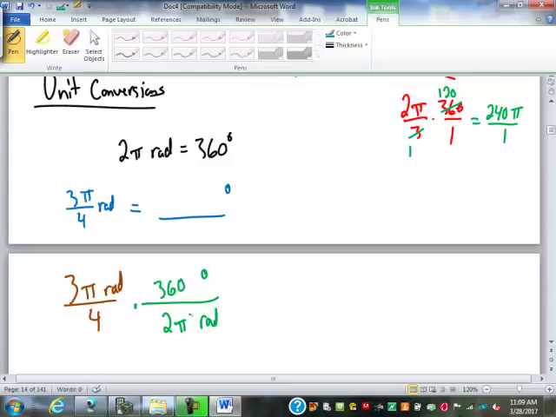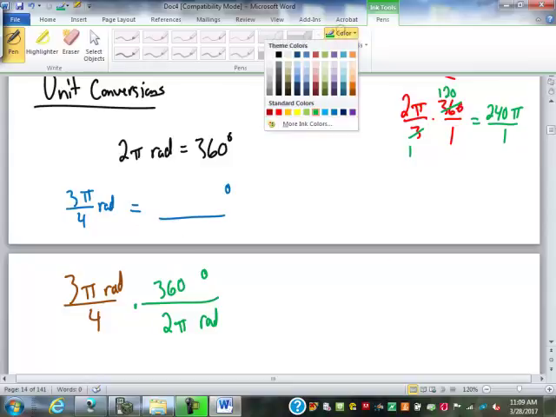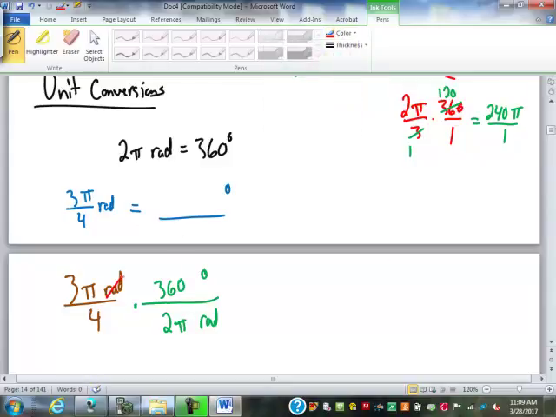Perfect. 2 pi radians equals 360 degrees. So I can cancel out the radians. Guess what else I can cancel? The pi's. So I've got 3 times 360, 1,080 degrees. 4 times 2 is 8. So I divide that out.